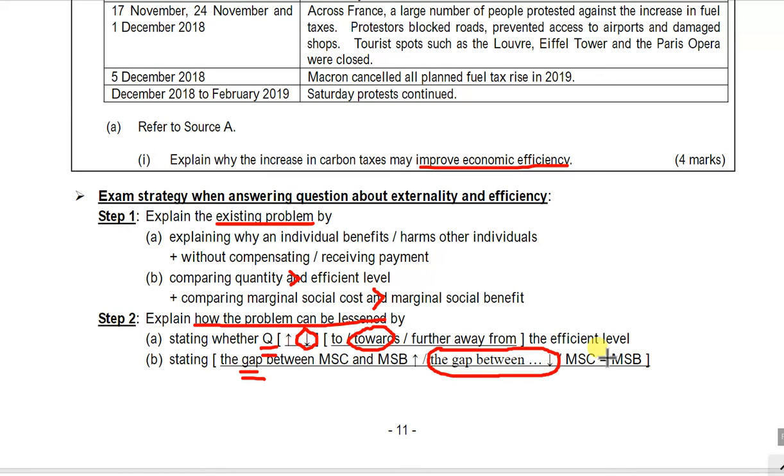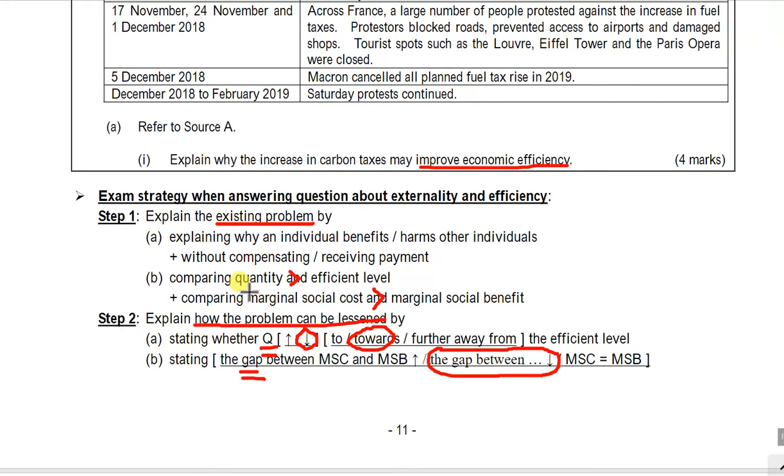If we are closer to the efficient level, the gap will be smaller. If we are further away from the efficient level, the gap will be larger. So to explain why efficiency improves, you have to tell me that the gap decreases. And this time, I won't say equal because we are not perfectly attaining the efficiency. We just have an improvement in the efficiency only.